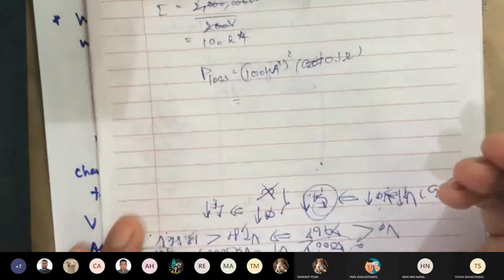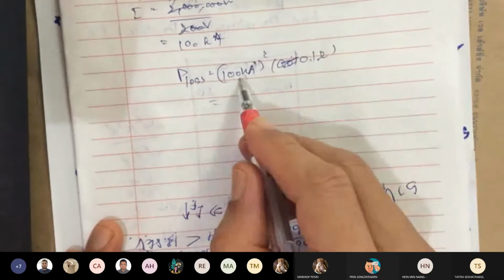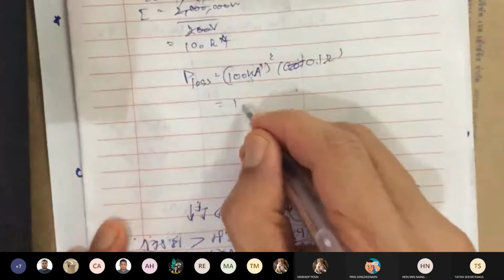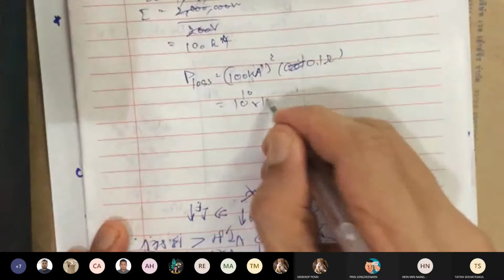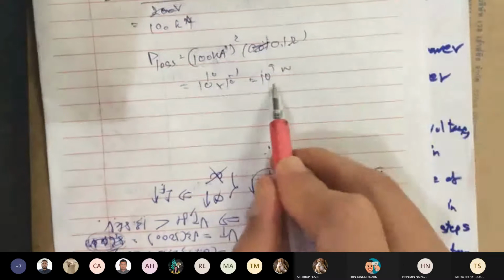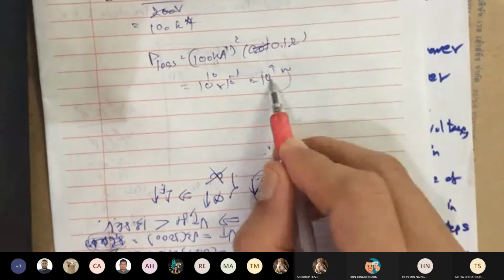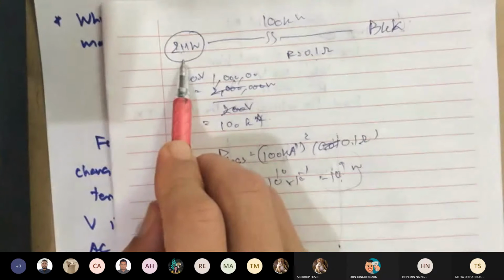How much is that? This is 10 to the 10th times 10 to the negative 1, 10 to the 9th. How big is that? The loss is a lot greater than what you generate.